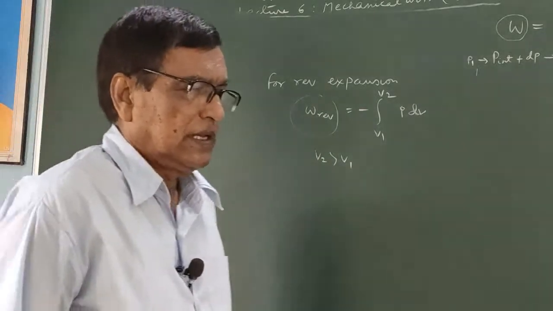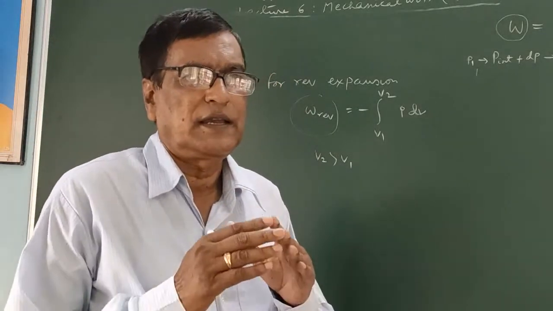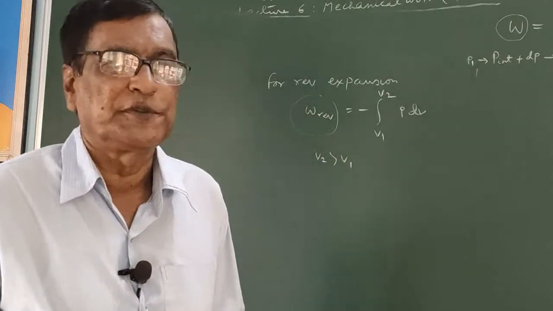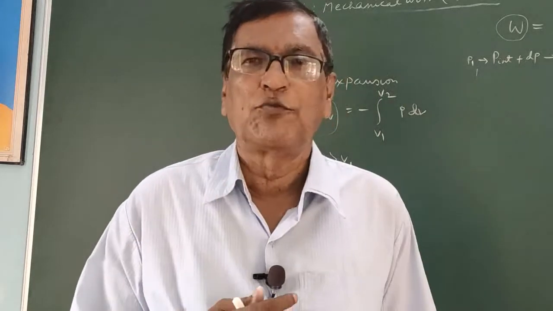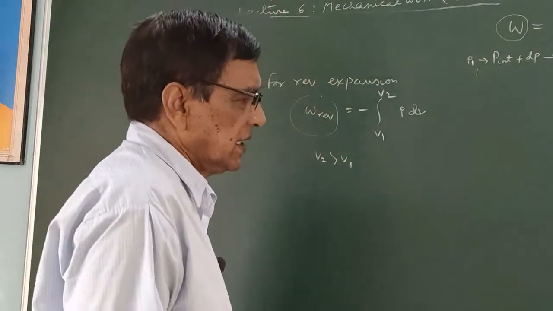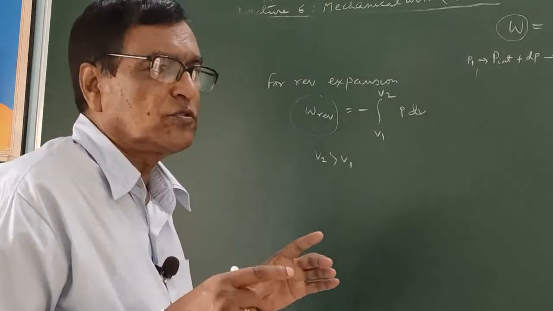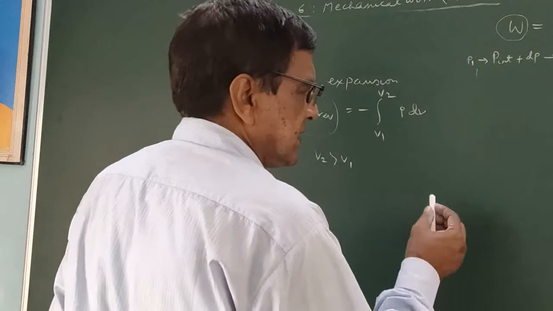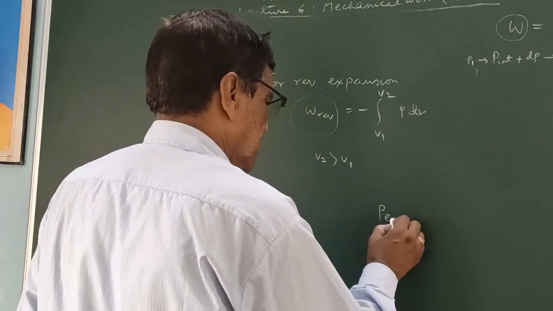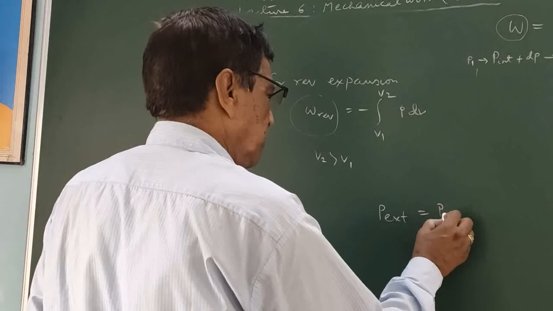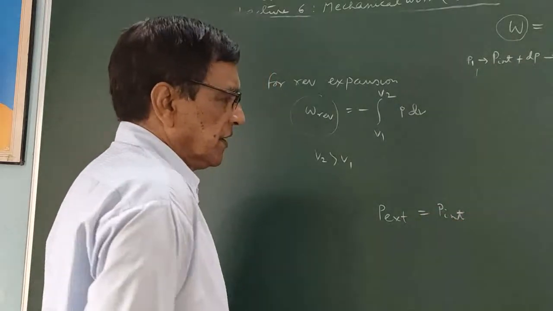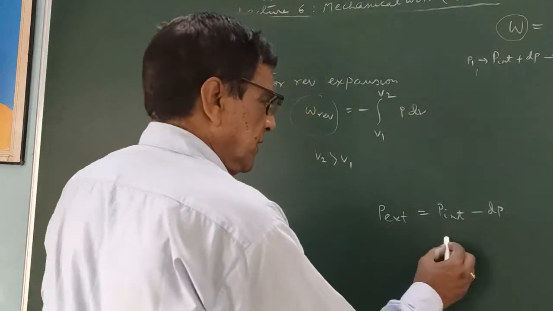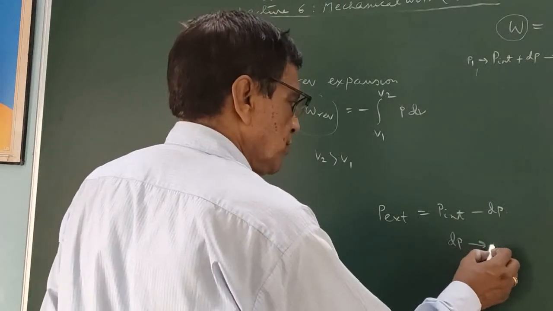Meaning, in case of reversible expansion of a definite amount of this gas, the maximum amount of work is done by the system. So suppose in this case P external equals P internal minus dP, and dP tends to 0.